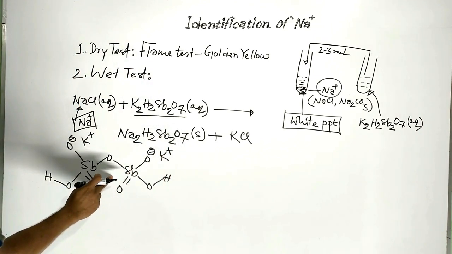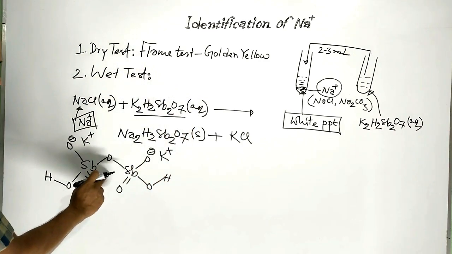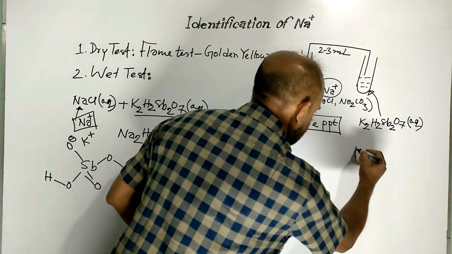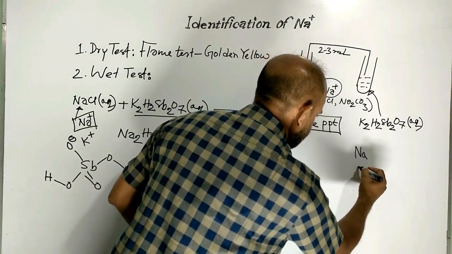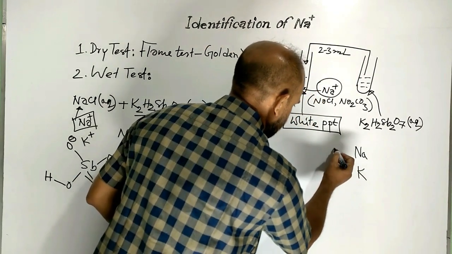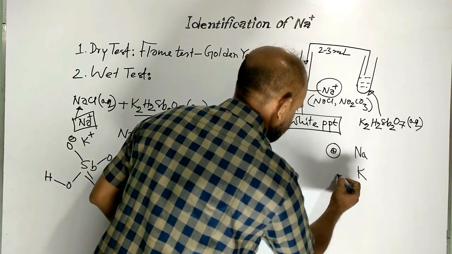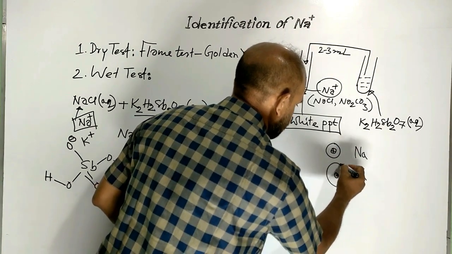This is potassium pyroantimonate, which is soluble in water. We know sodium is above potassium in the periodic table. So, sodium is a bit smaller than potassium.